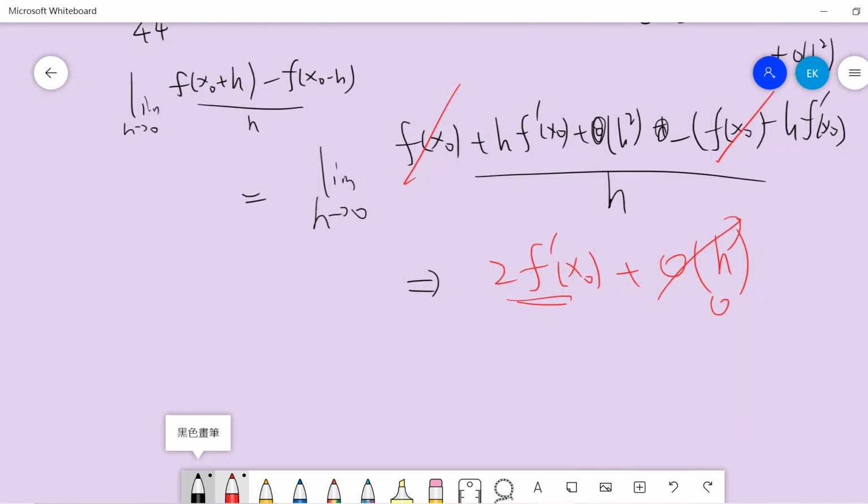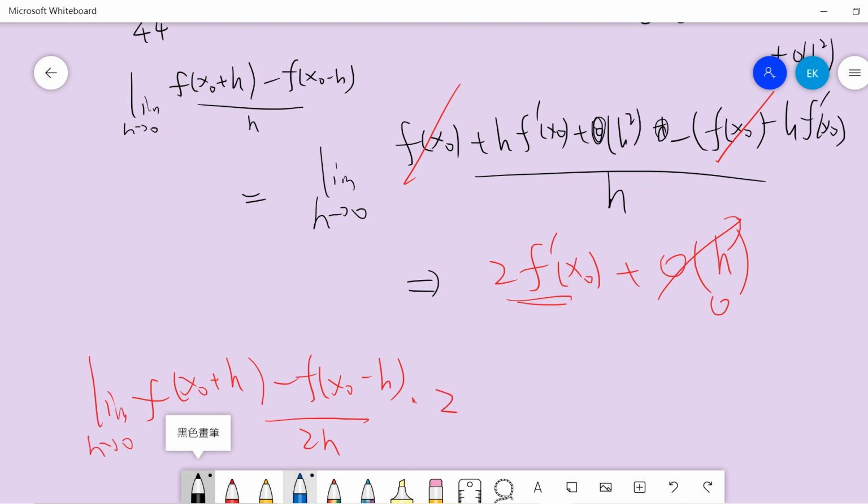And another way you can solve it is basically you divide by 2h and multiply by 2, and take the limit as h goes to 0. And then you can relabel, you can see this term basically is f prime of x0.